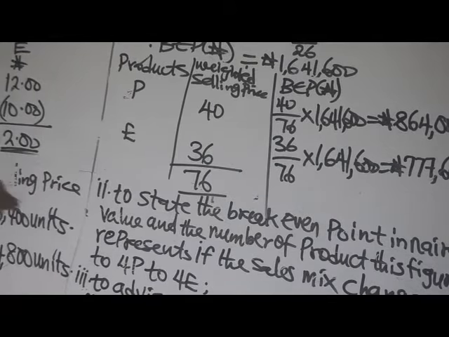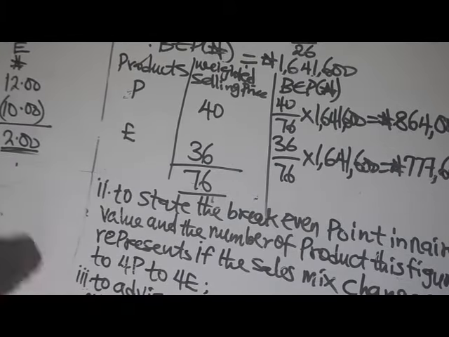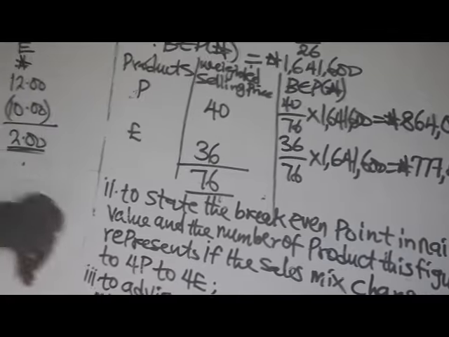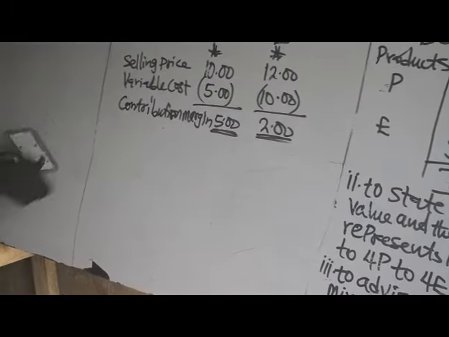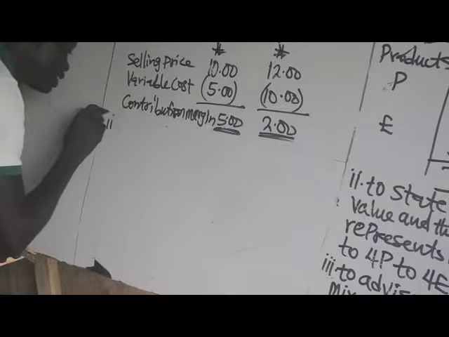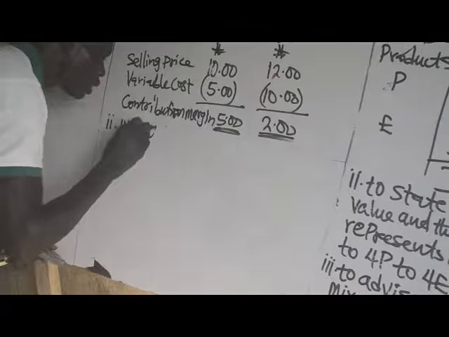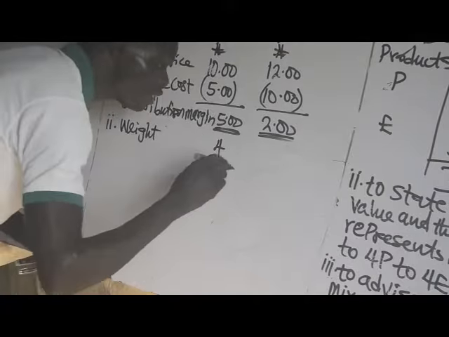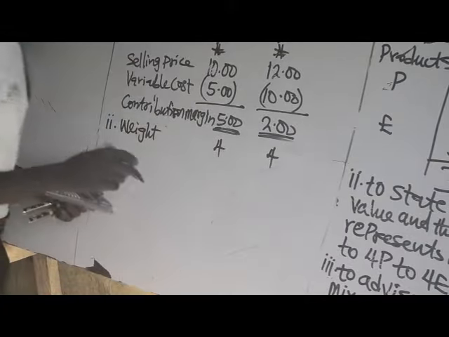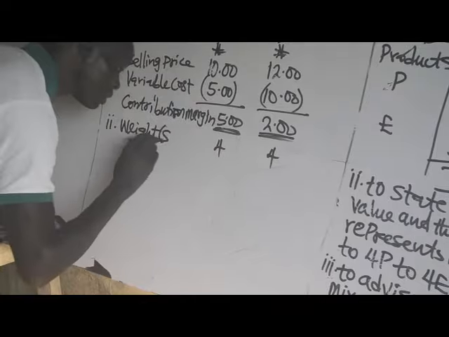The next thing is the determination of weighted contribution margin. Remember for Roman figure 2 now, the weight is a ratio of 4 to 4. That is the sales mix.